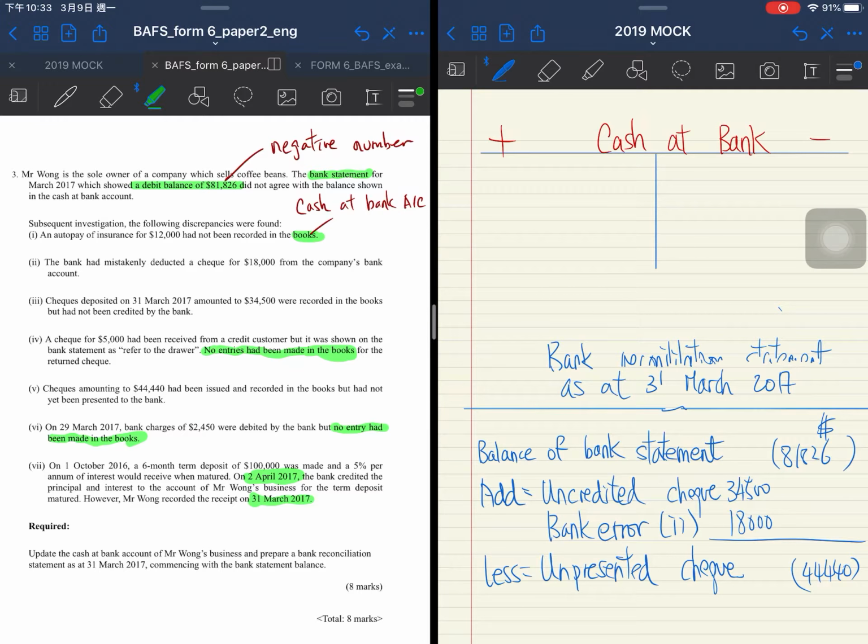So we have negative 73,766 as our updated balance of the bank statement.